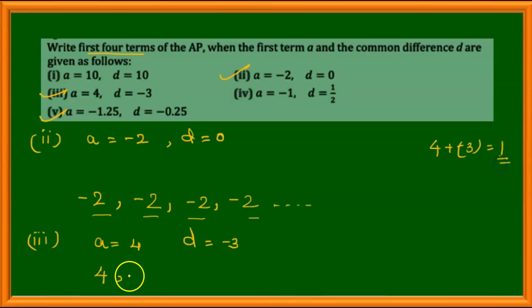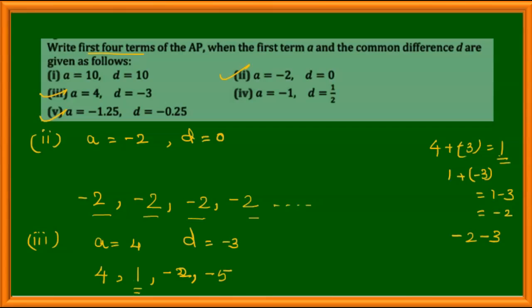And from this one again you add minus 3, 1 plus minus 3 becomes 1 minus 3. That's why I am getting minus 2 here. Understood or not? And one more needed: minus 2 minus 3 becomes minus 5.